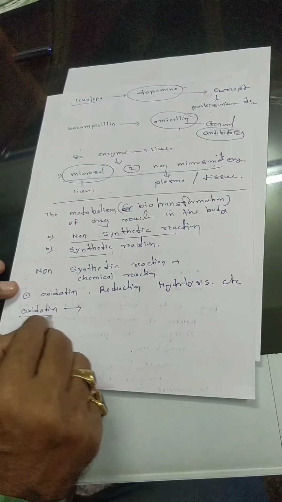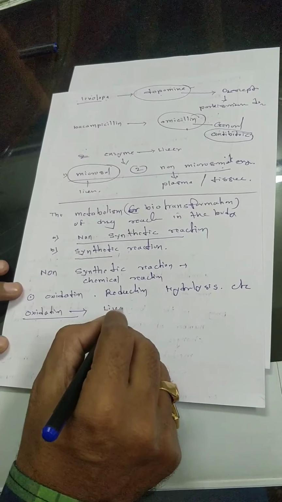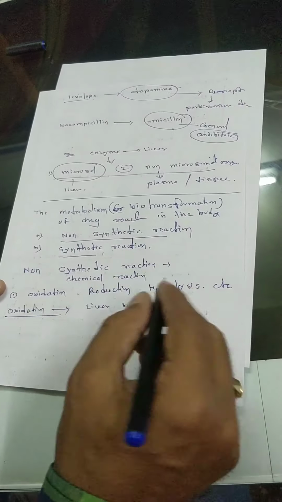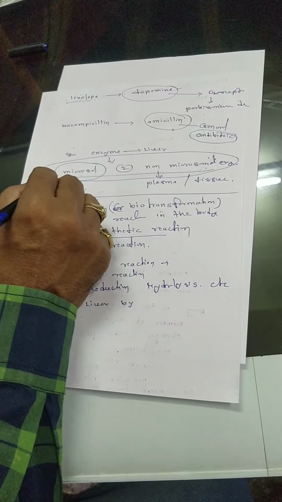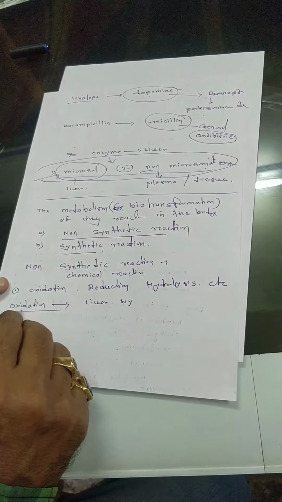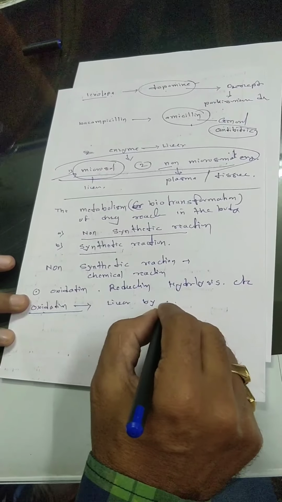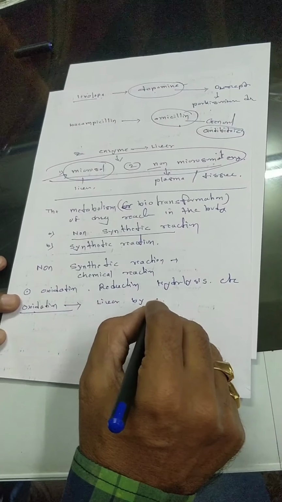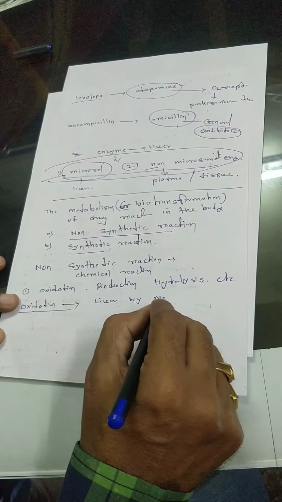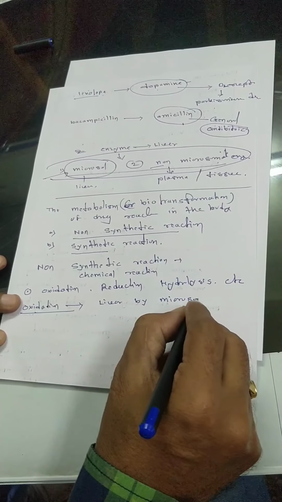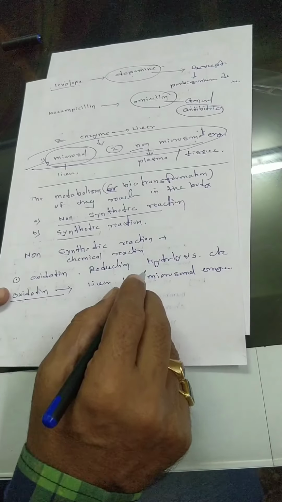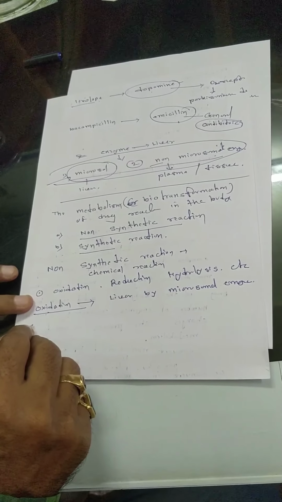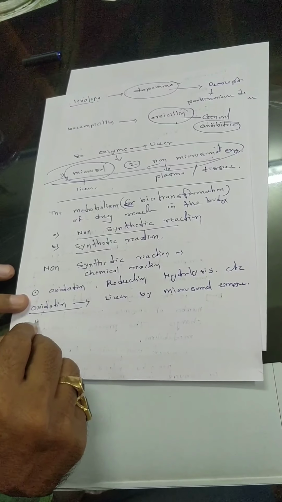Major oxidation takes place in the liver by enzymatic reaction. There are two kinds, microsomal and non-microsomal. In the oxidation in the liver, the microsomal enzyme acts. An example: see ethyl alcohol.